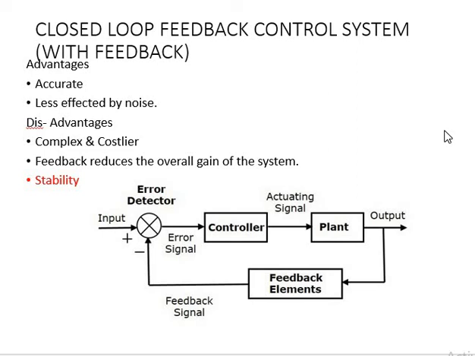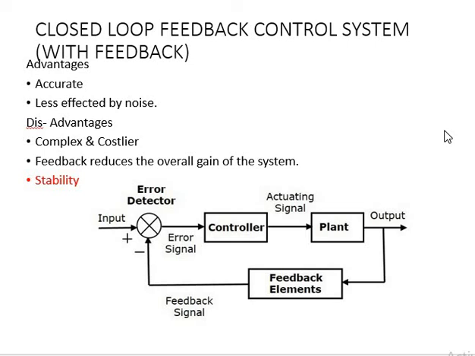We give the input. If any error is there, it will detect it. After the error signal, it goes to the controller, and in the controller it is processed. After that we give the actuating signal to the plant, for the work that has to be done. And after that it goes to the output.